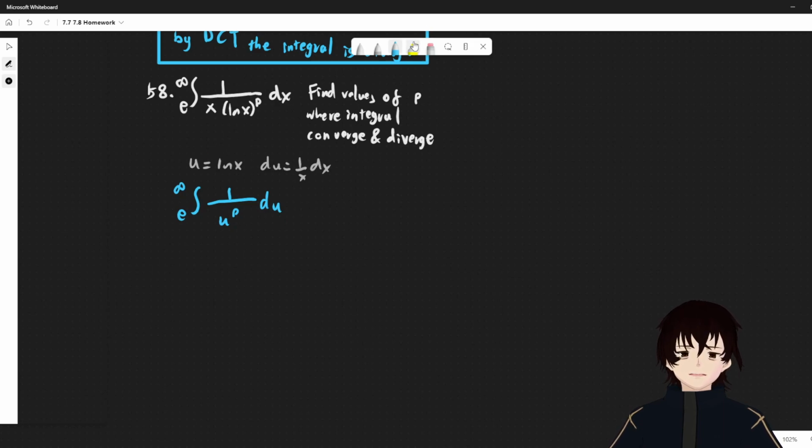Right? Actually, we can't have the bounds here. That is u to the power of negative p du. And that is going to be equal to 1 over negative p plus 1 times u to the power of negative p plus 1. And that is assuming p is not 1.